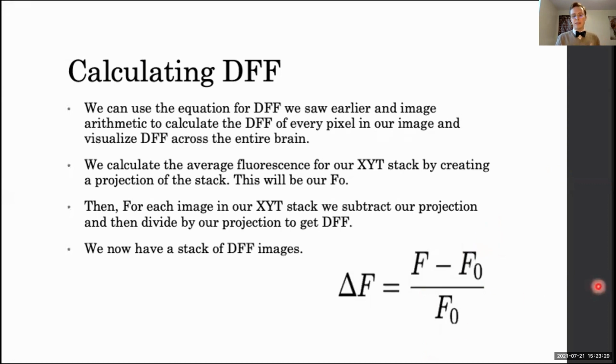And then once we have made that projection, it's pretty simple after that point. For each image in our stack, we can subtract and divide by our projection to calculate DFF. The result of this process is that we're going to have a stack of DFF images that will show fluctuations in brain activity over time.